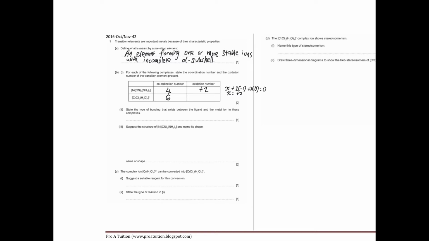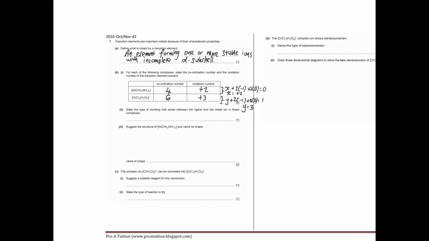Now we count the oxidation number of chromium. We do Y. Chlorine is minus, so 2 minus 1. H2O is 0. Overall charge is +1. So Y is hence 3. We write +3.